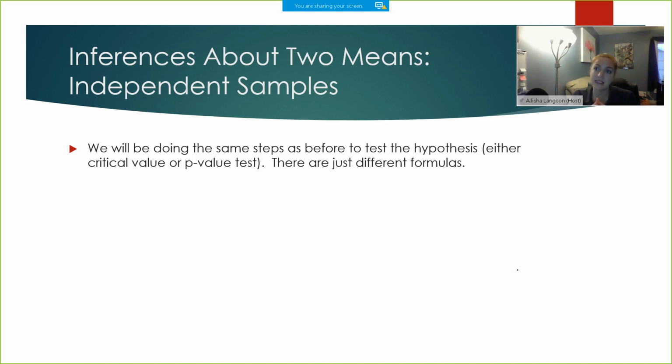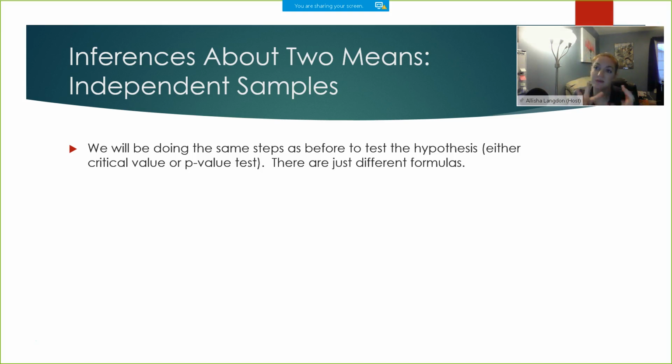So hopefully last week when you did that homework assignment, you looked back on it and found that you came to the same conclusion, whether you did the critical value or the p-value. Did everybody find that last week? They're doing deliverable 4. Yes? Okay, perfect. So we always come to the same conclusion, whether we reject the null hypothesis or fail to reject the null hypothesis.